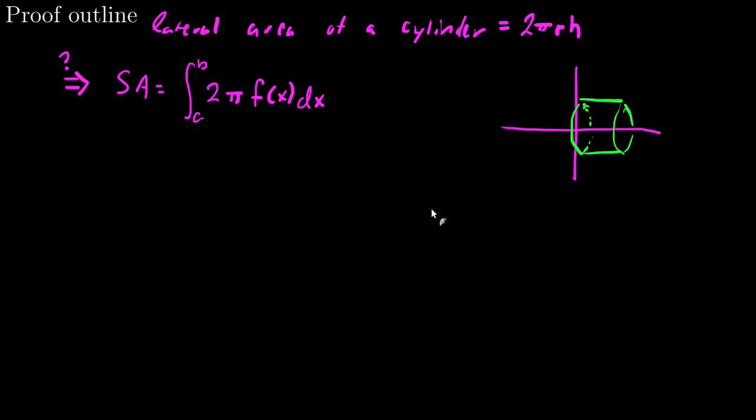But what happens is when the function is not horizontal, when it's sloping, I'll just make something that's sort of a truncated cone here, the area formula changes, and this is why.